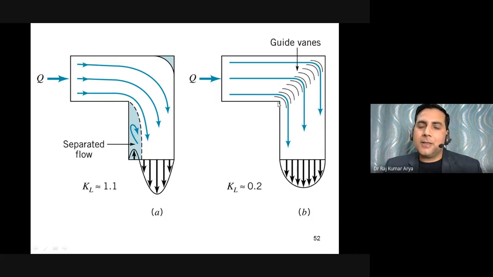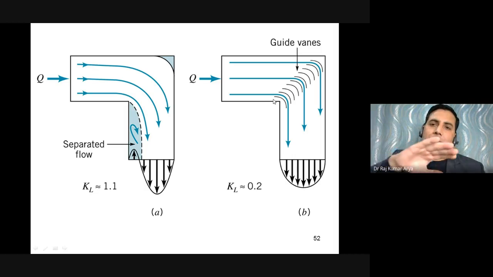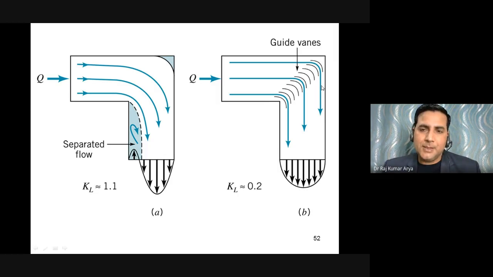Here the losses are tremendously low as compared to this, nearly 5 times lower than this case. So wherever you are guiding the directions and the changes are smooth, your losses would become low. So this is being followed in your heat exchangers actually.